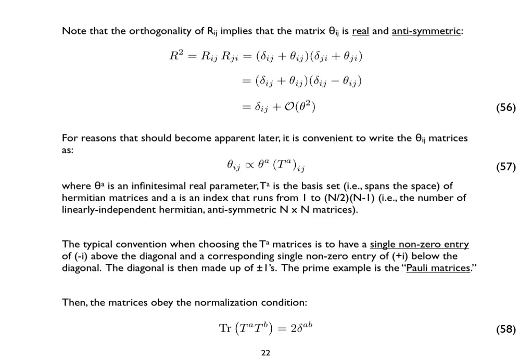You can see in the second line that I'm flipping the sign of theta when I flip the I and the j, because I need to cancel out those cross terms. So theta is real and it has to be anti-symmetric.